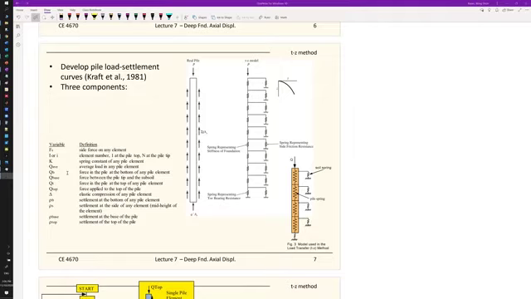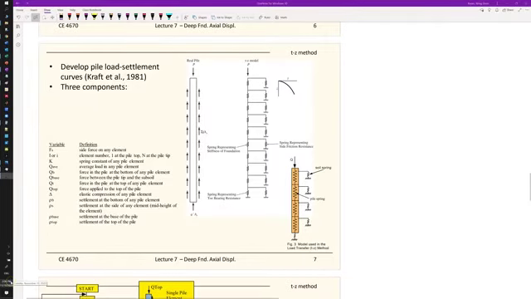So this is a complicated phenomenon, and a genius, Coyle et al. 1981, came up with a method. What he did was mimic the soil-pile response, the soil-structure response, by a spring, actually a series of springs.